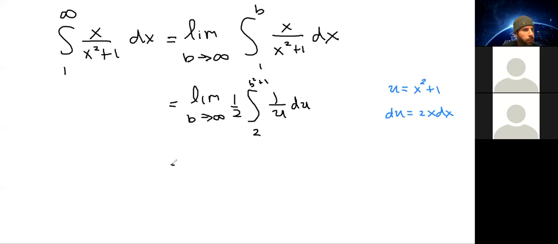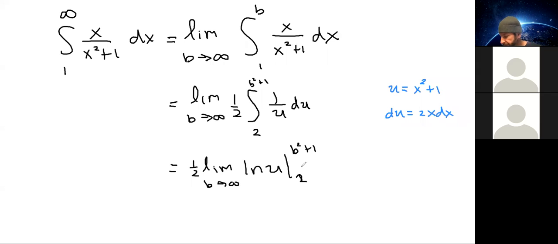So if we write this out, this is 1/2 times this limit. Now, what's this integral? This becomes the log of u evaluated from 2 to b squared plus 1, which is 1/2 times this limit.